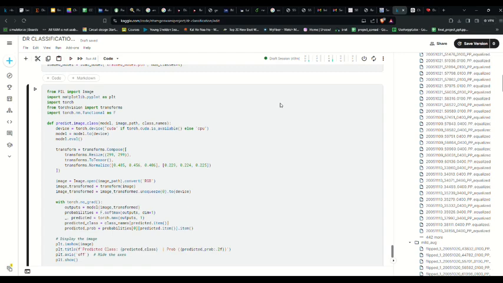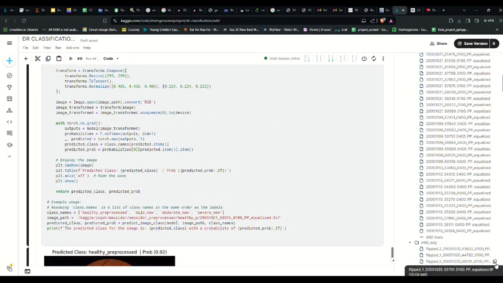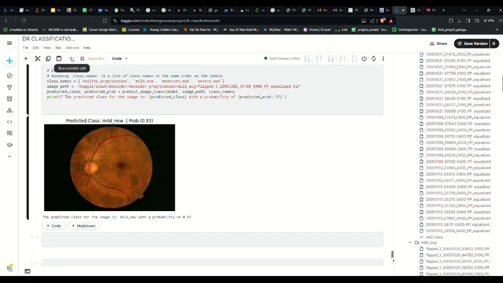So now let us try to predict an image to check which class it belongs to. So let us copy from a different dataset. Copy a mild image, as you can see here. Try to predict the image.